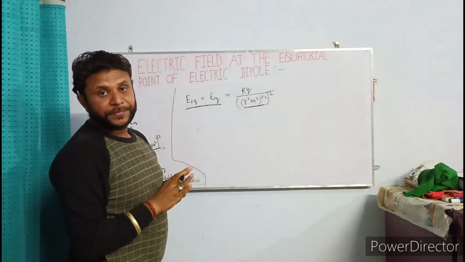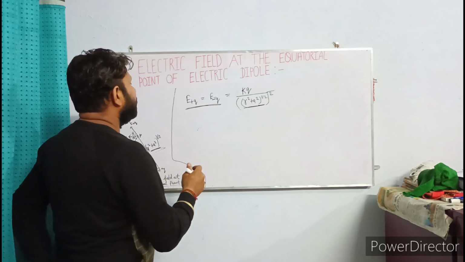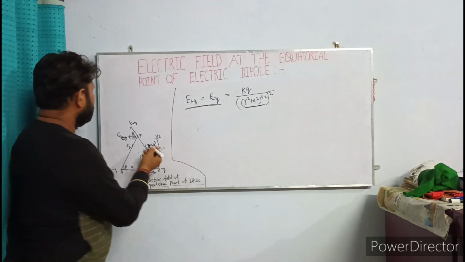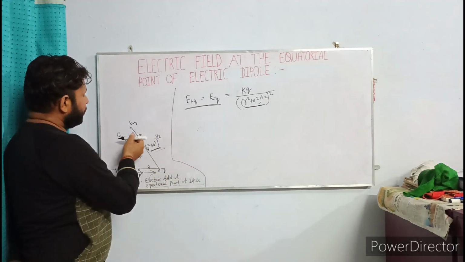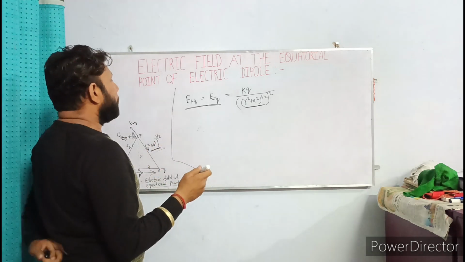In magnitude both are equal, and as we have seen, only the base components will add and the normal components will cancel each other out.